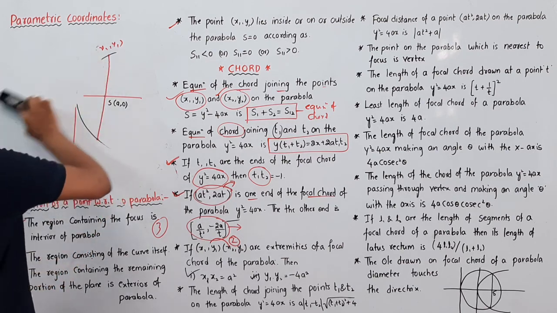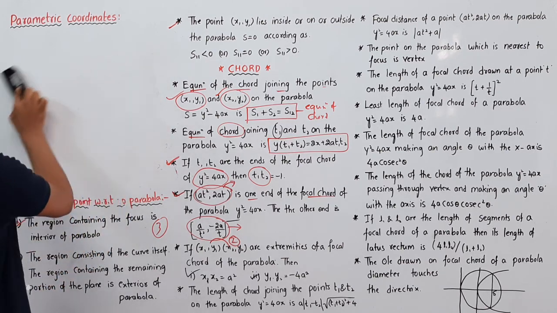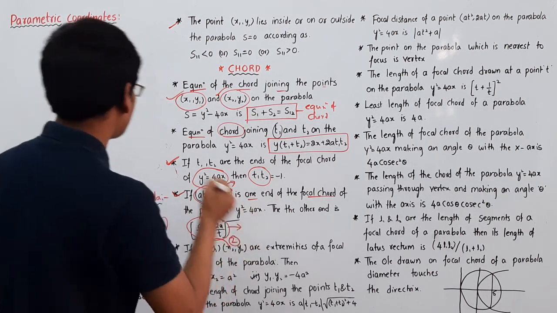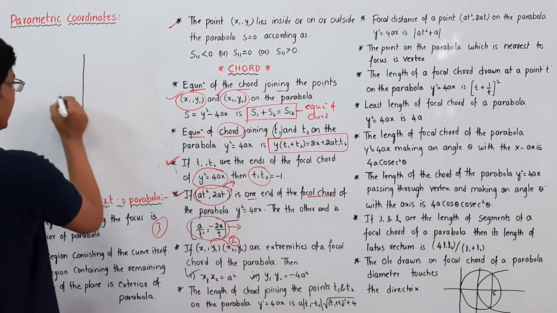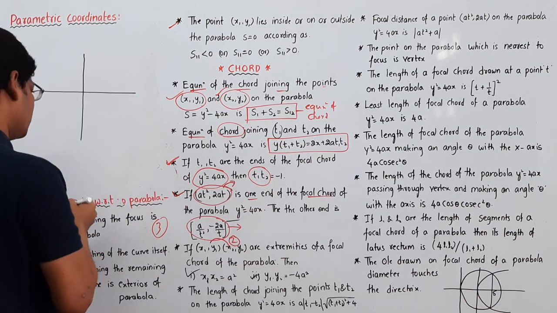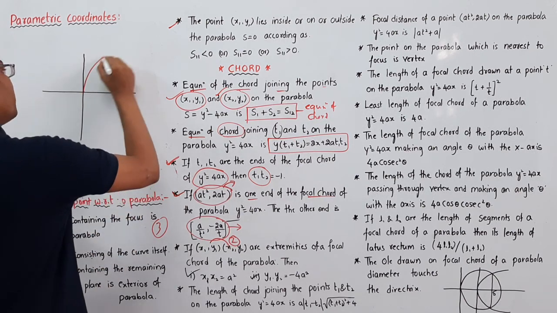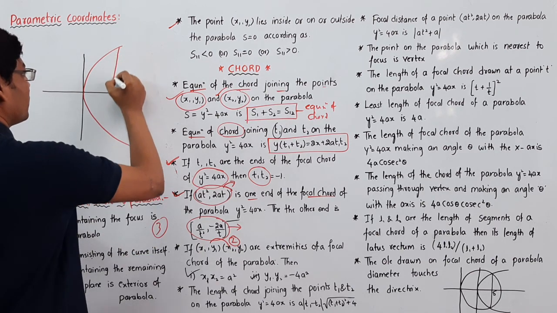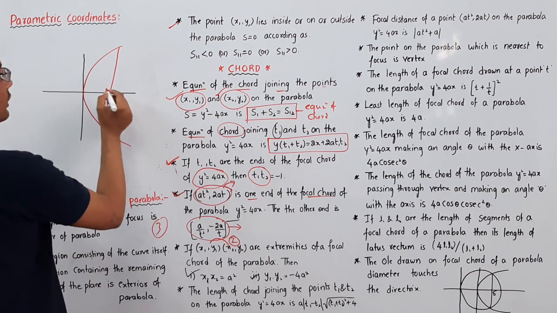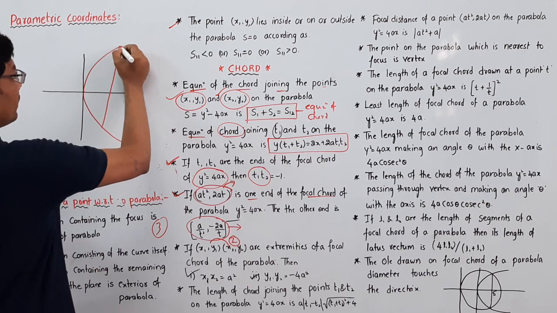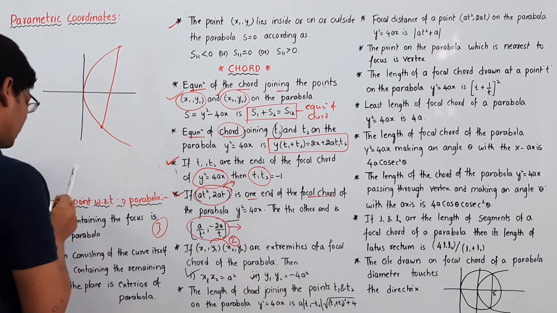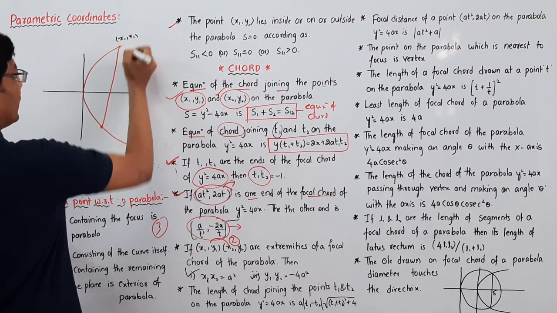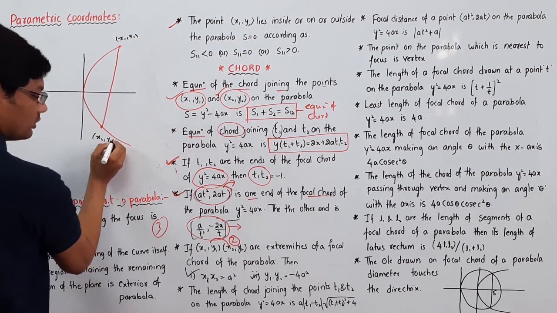Next point, the length of the chord. Here I am taking a coordinate axis again, and this is the parabola. This chord is not perpendicular to the principal axis. I am taking a different chord here. It has one end x1 comma y1 and the other end x2 comma y2.